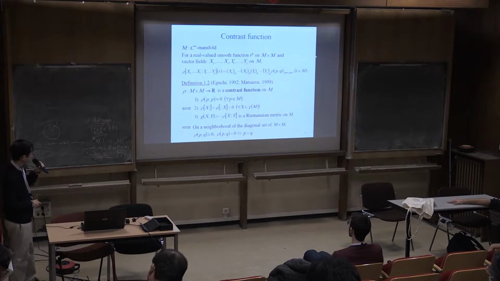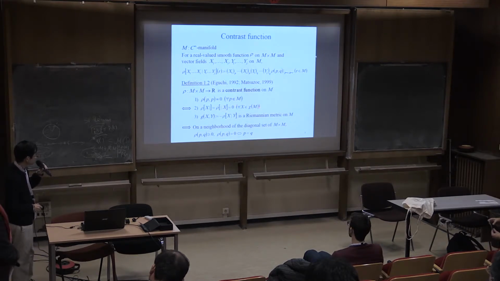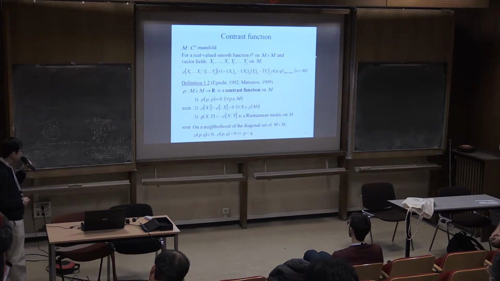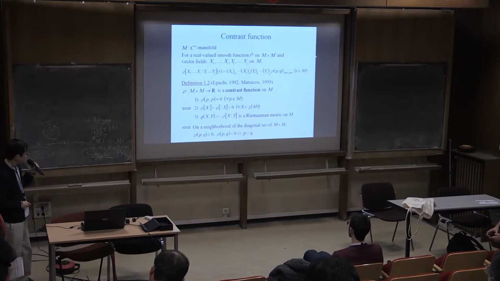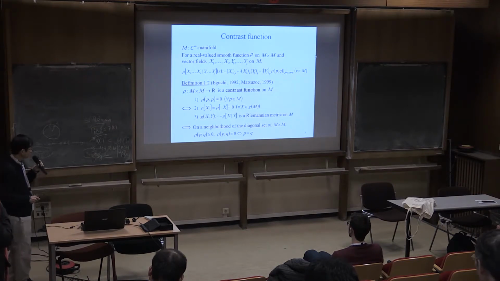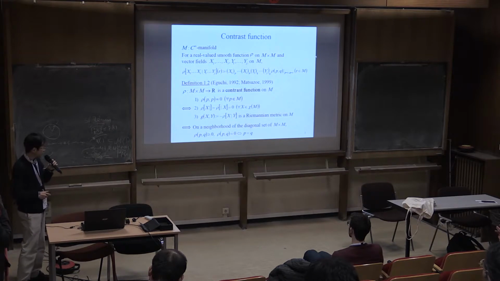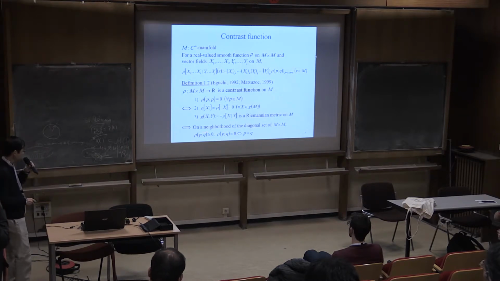Roughly speaking, the second condition means that the first derivative at a point on the diagonal set is 0, and the third condition means that the second derivative gives the Riemannian metric. If these conditions are satisfied, then at least locally this condition is satisfied.